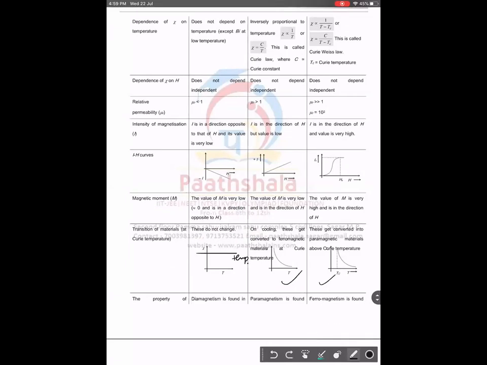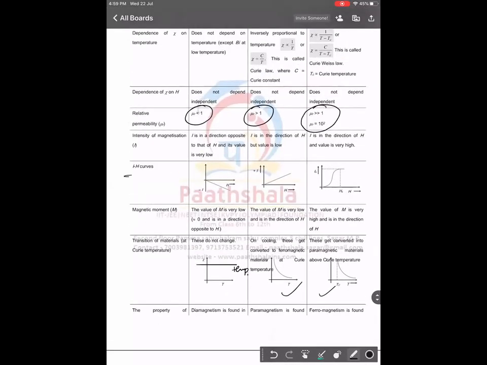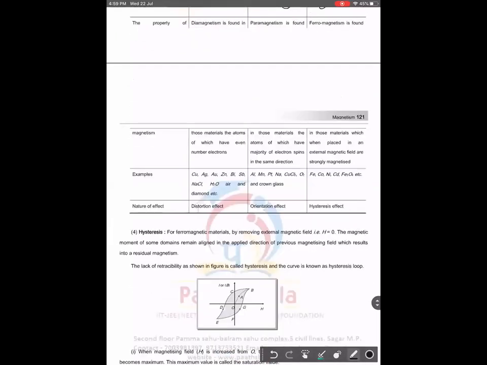Now, can you learn these differences by your own? Yes, sir. You can learn the IH curve also. Last important difference. These all are diamagnetic substances, these all are paramagnetic substances, and these all are ferromagnetic substances.